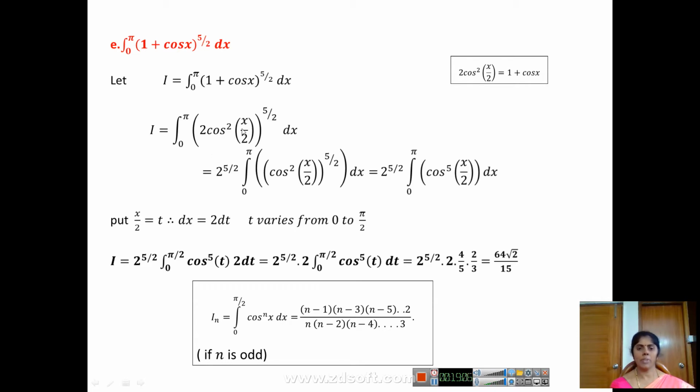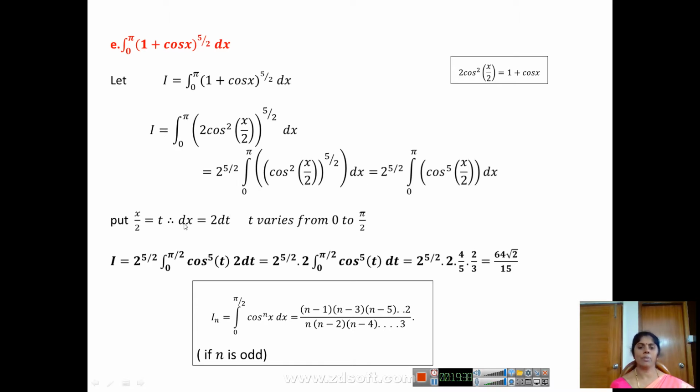Here we can just take out the common terms or constants. We get 2 to the power 5 by 2 times the integral 0 to pi of (cos square x by 2) whole raised to 5 by 2. This 2 and this 2 get canceled and we get 2 to the power 5 by 2 times the integral 0 to pi of cos to the power 5 of x by 2 into dx. Again it is in terms of half angles, so put x by 2 equals t.